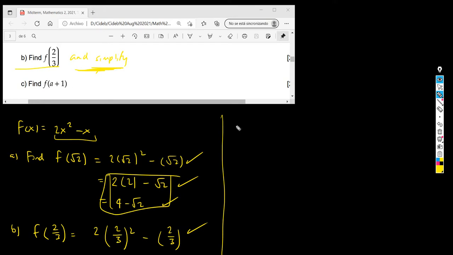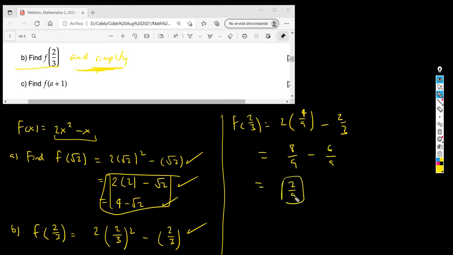Anyways, let me continue simplifying. So you will be getting 2 times 4/9 minus 2/3, and then this is 8/9 minus 6/9, and then this is 2/9. So if possible, simplify.